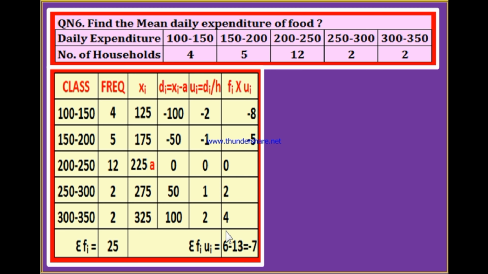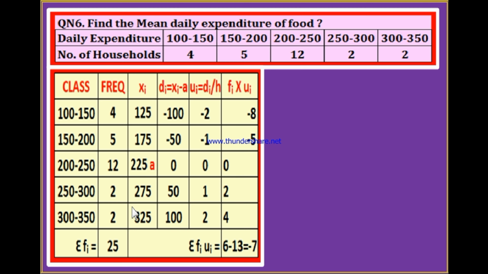First of all, add the positive values. 2 plus 4 is 6. Minus 8 plus 5 is minus 13. Plus 6 minus 13 is minus 7. Sigma fi ui is minus 7 and sigma fi is 25.